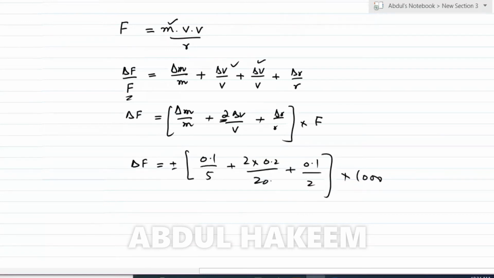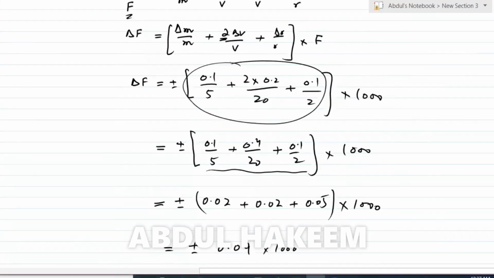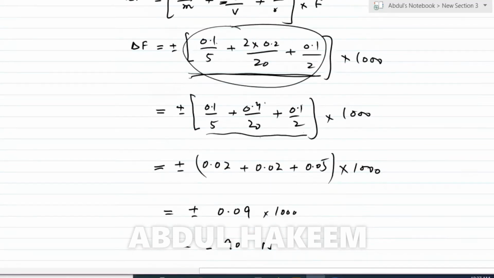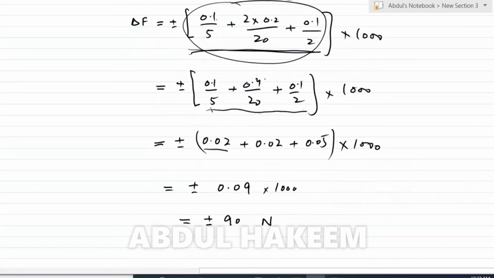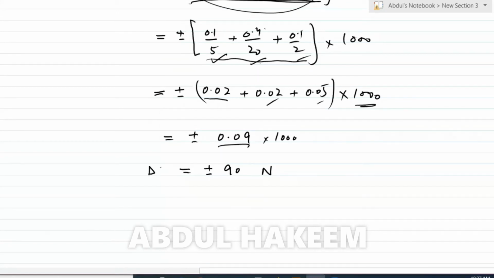So now calculate this fraction. So 0.1 over 5, 0.4 divided by 20, 0.1 divided by 2, into 1000. This first value is 0.02, this again 0.02, this is 0.05 into 1000. So finally this error in F is 90 Newton.